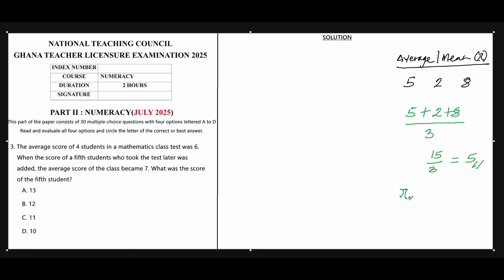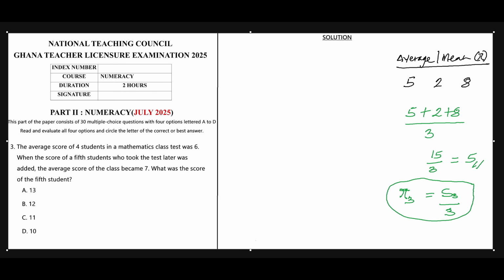That notation is equal to the sum. Sum means addition. So as we did, we added the scores of how many students? 3. So the sum of the scores of the 3 students. Then we divided by the total number of students who took the test. So this is the formula we have to take note of.